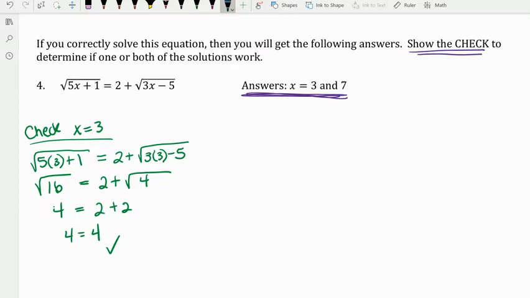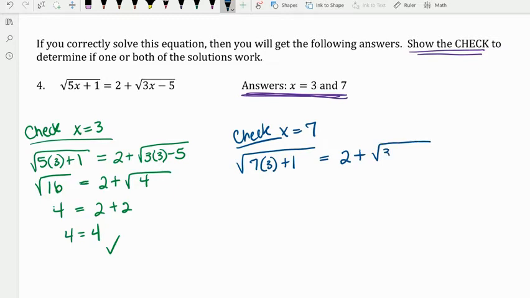Then the second one I need to check is x equals 7. So we'll do the same thing. Square root 7 times 3 plus 1 equals 2 plus radical 3 times 7 minus 5. 7 times 3 is 21 plus 1.